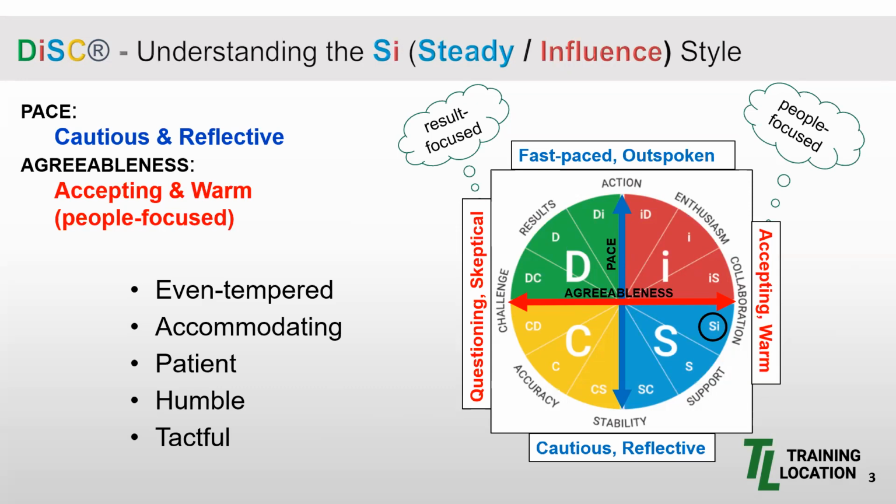The brief list of observable behaviors or descriptors still includes even-tempered, accommodating, patient, humble, and tactful. Now, from our model, we also know that the SI style priorities differ slightly from those of the S and SC styles and include enthusiasm, collaboration, and support.